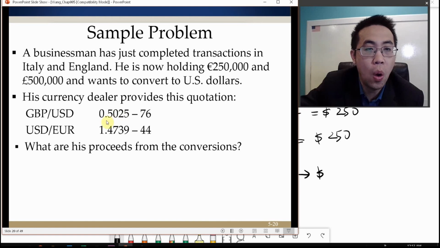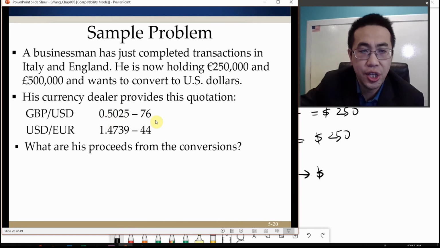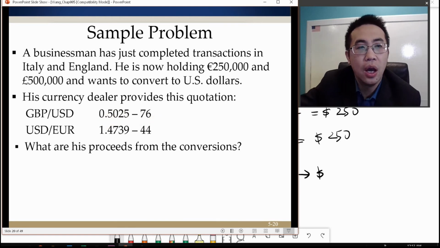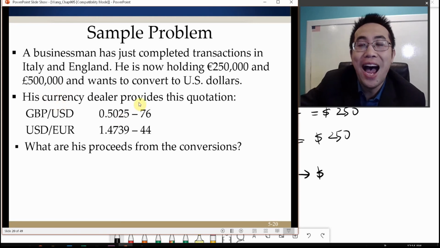Since you have an indirect quote here, you should know that I'm going to deal with my US dollar. If you are converting pounds to US dollars, that means you are buying dollars and selling pounds at the same time. So you are about buying US dollars.